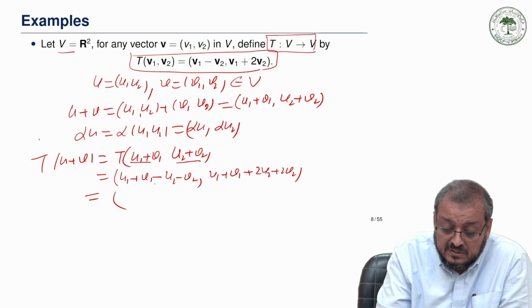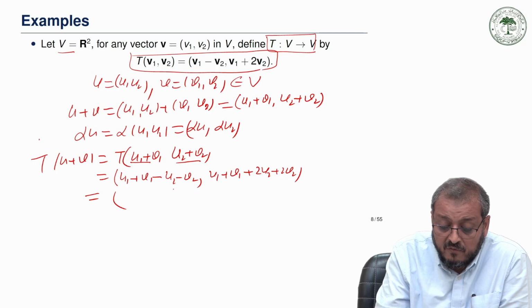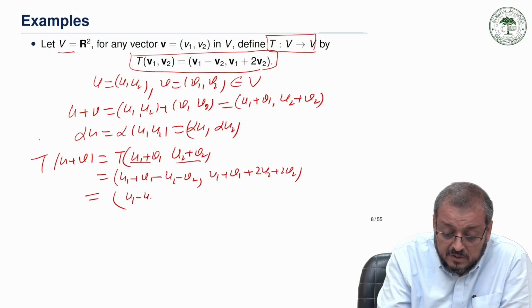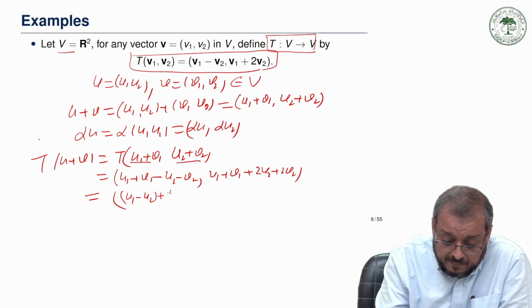Now we take it in this form, U1 minus U2, and then, sorry, we take a minus.